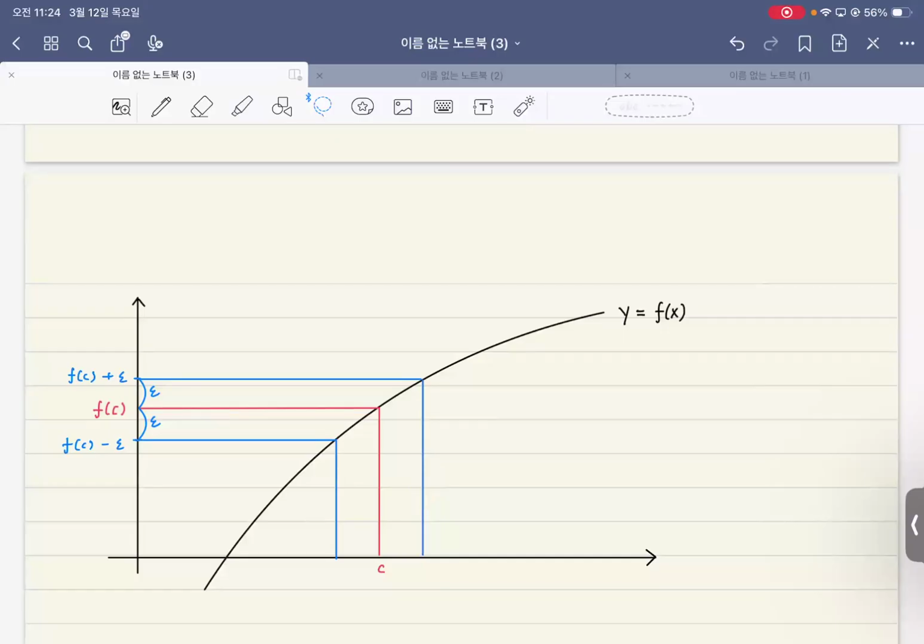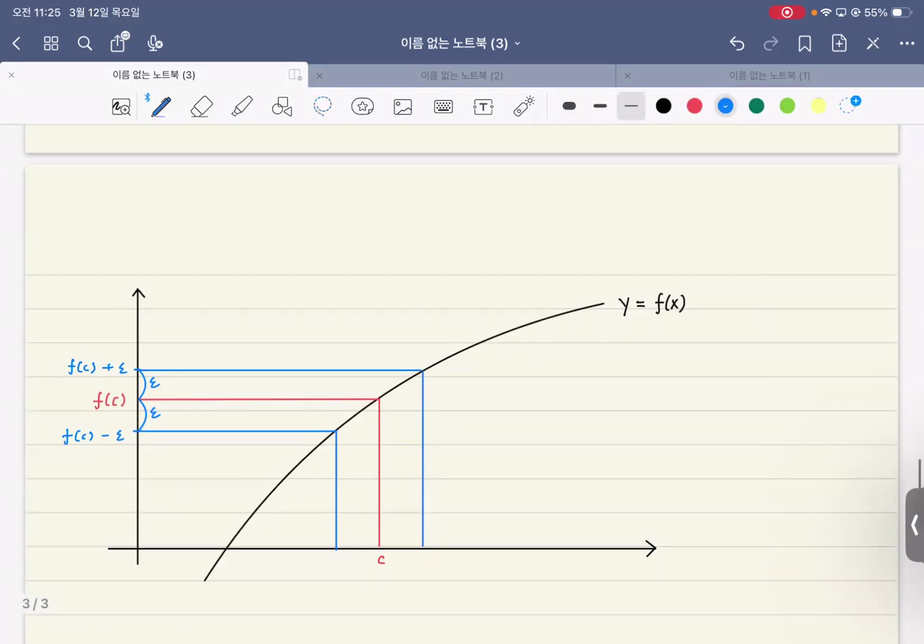Okay. All right. In this case, what would my delta be? I think the length of this line segment could be my delta in this case, right?